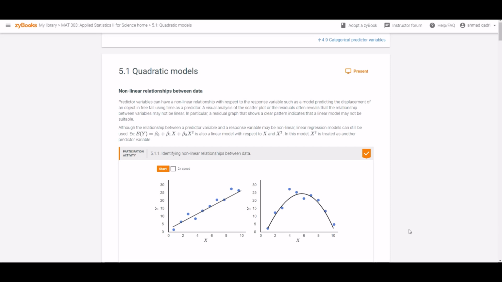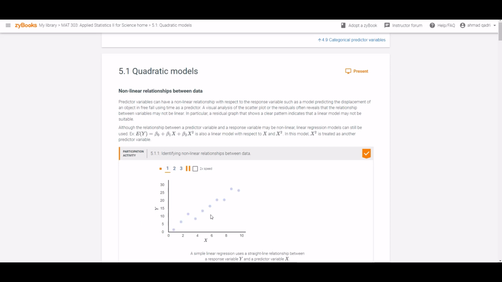The best way to show you what we will be working with is this participation activity 5.1.1. Let's start this and see what we get. Here you can see that we have a simple linear regression that uses a straight line relationship between a response variable y and a predictor x. This is what you have been working with so far.